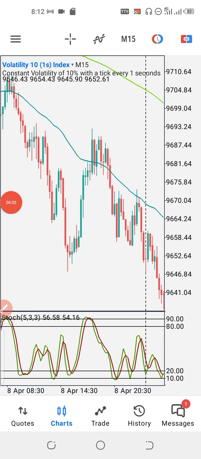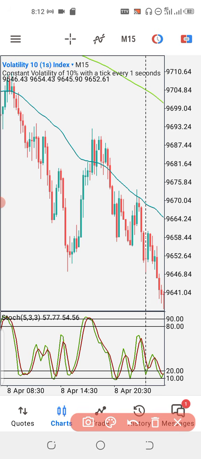So let's check. So guys, this is what I am telling you. Despite that it came down, as you can see now, it's showing us the same thing. If you are a new beginner, I advise you not to enter this trade, guys, because they are going in the same direction.